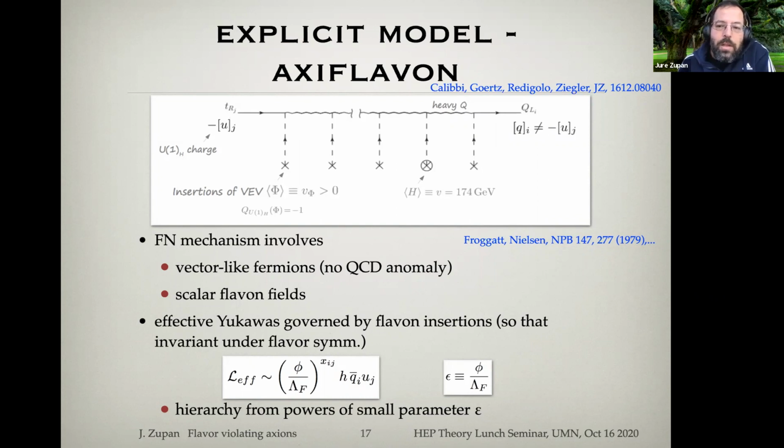The assumption is that I have an expansion parameter, which is the flavon vev over the mass of these vector-like fermions, these wavy lines. This vev over the mass of the fermion is an epsilon, maybe 0.2, so there's a factor of 5 ratio between the vev and the mass.